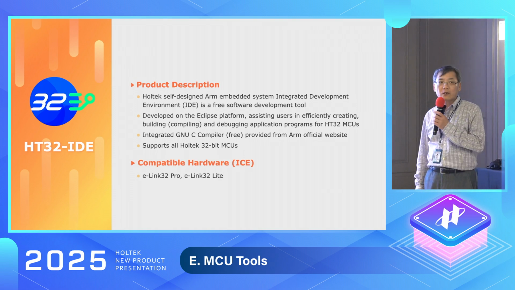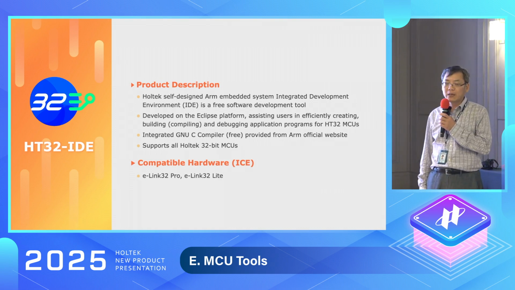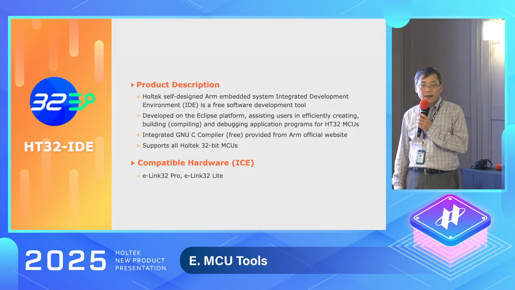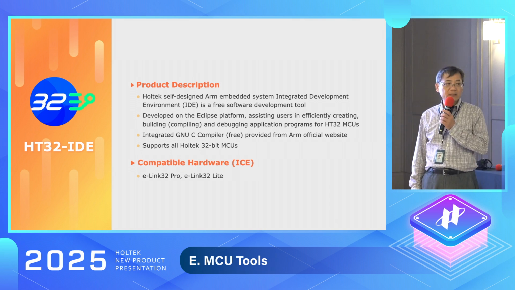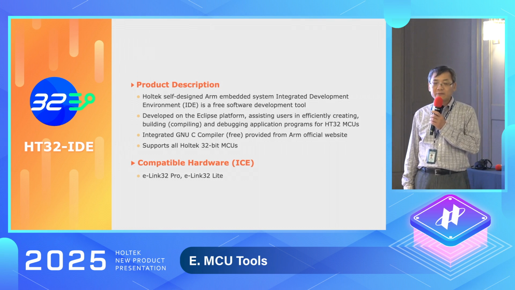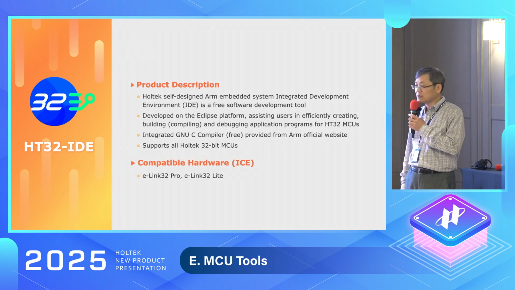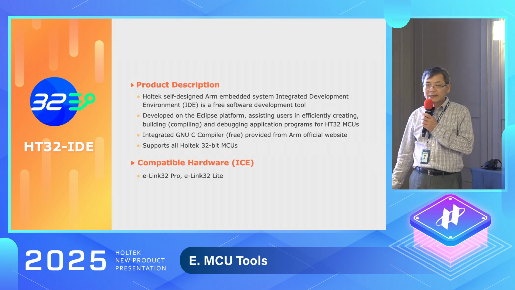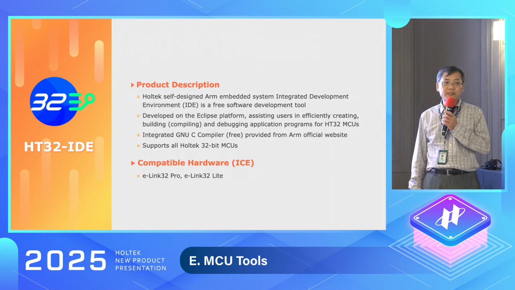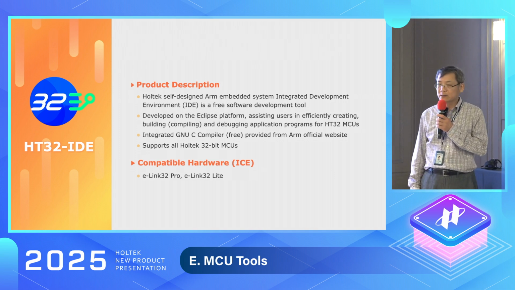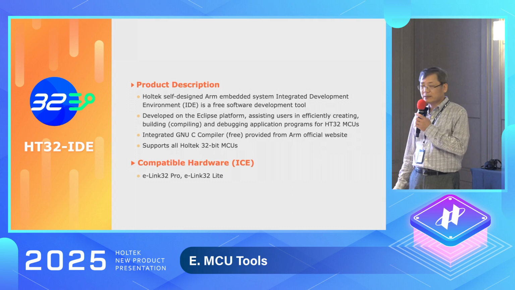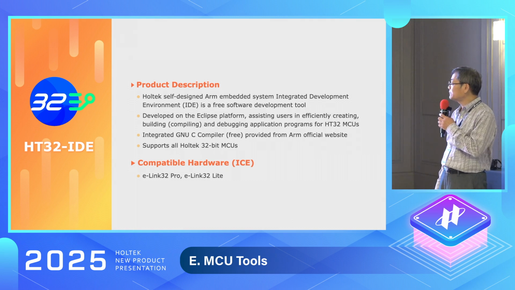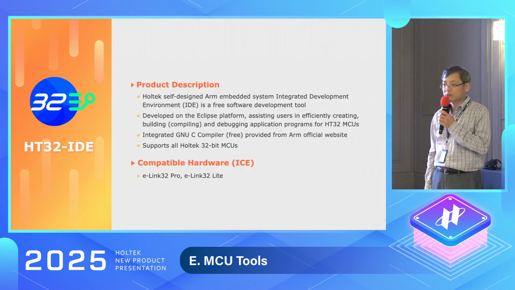As you know, earlier we used Keil MDK 4.5 as the development tool, and our contract with them ended this May. Starting from there, we offer Holtek's HT32 IDE. The IDE has all the essential features to replace the Keil one, so we feel this is a very good replacement for the Keil version.